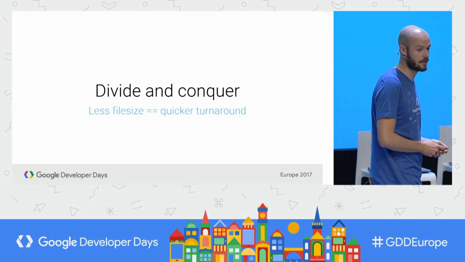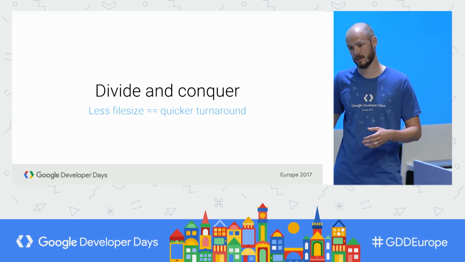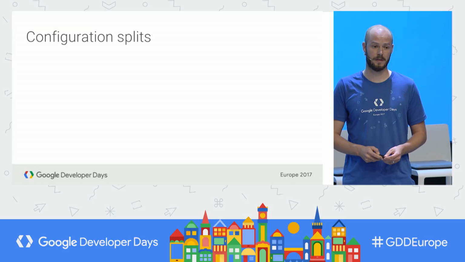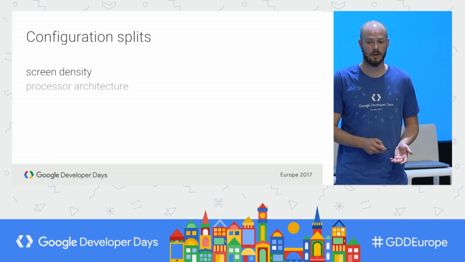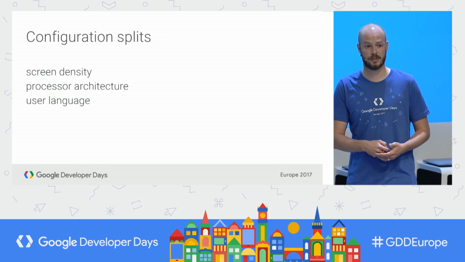Also, in order to make sure that you divide your app into modules more easily and have the output properly modularized, there are configuration splits. That works with either screen density or the processor architecture type if you have native code, as well as the user's language.